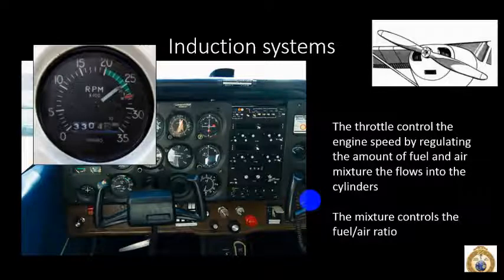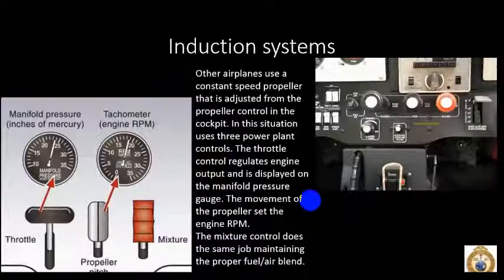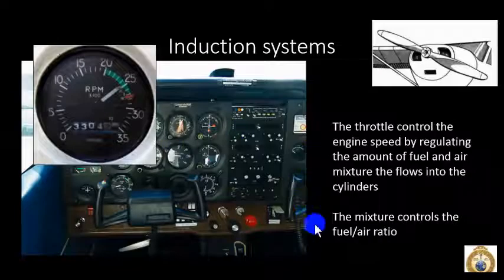The mixture controls the fuel, like I just said. So, engine output, mixture. Now, in another setup, notice we have a throttle and we have a mixture. And I want you to look at this. This is a fixed pitch propeller. The pitch doesn't move, it's not adjustable.